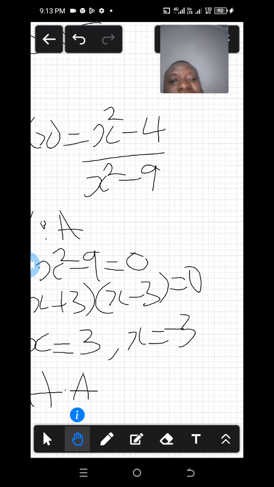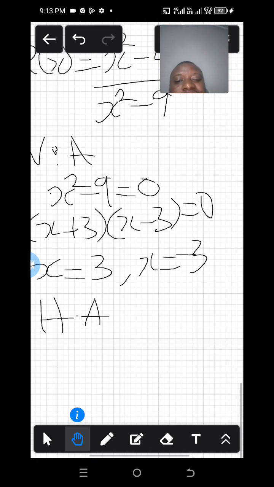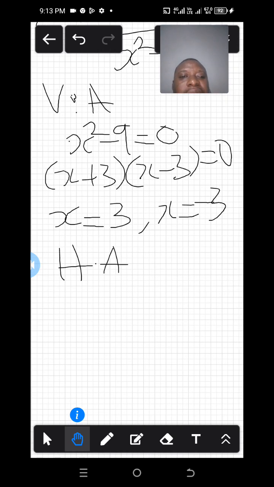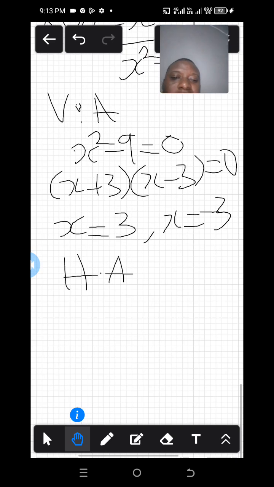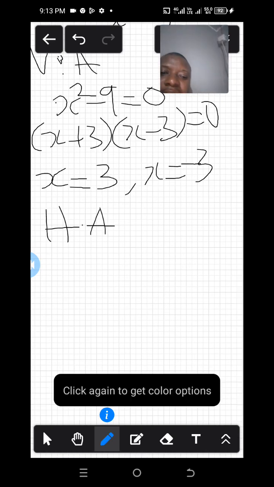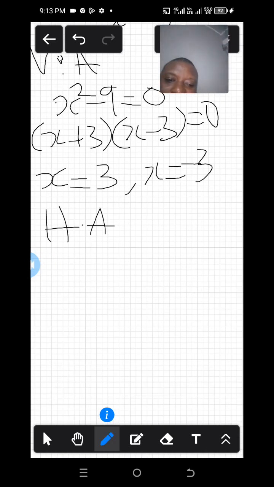Since the highest power at the numerator is the same as the denominator, then to calculate the horizontal asymptote here, we divide the coefficient of the x squared in the numerator and denominator.